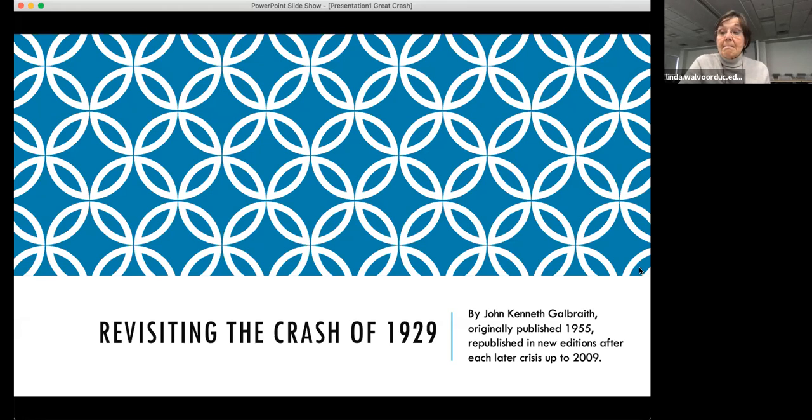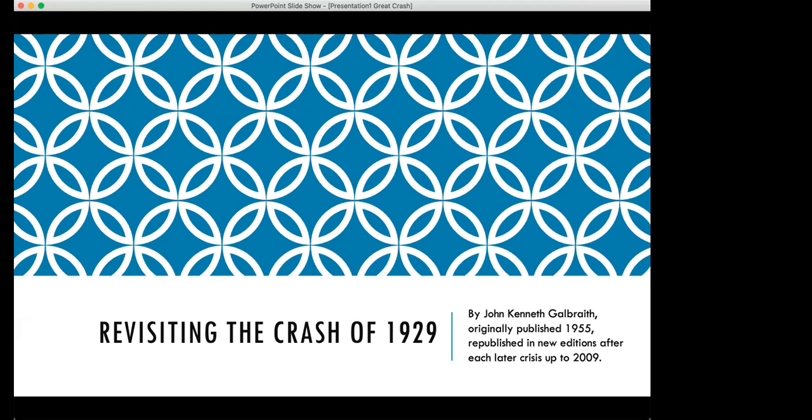Now, let's see. I'm trying to advance it. So you're going to want to take your cursor and drag it onto your PowerPoint on the first screen. And now I think you can just click or tap your touchpad, and it should advance. And then you can use your left and right arrows to go back and forth.